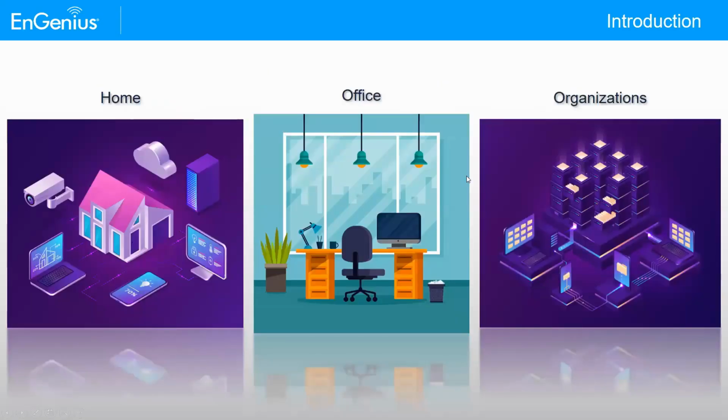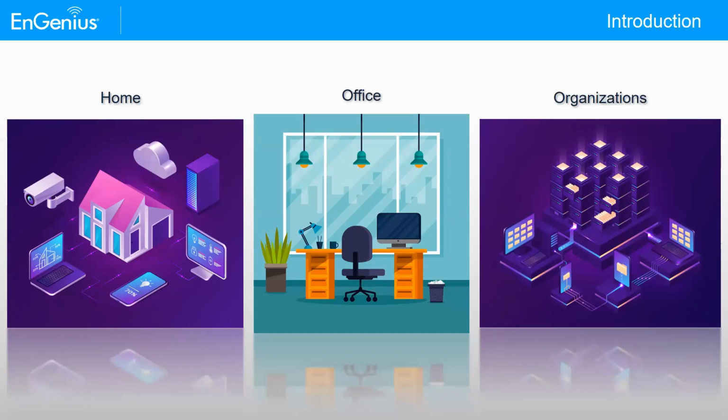So you can find a switch in almost every network setup, at home, in the office, and in different organizations, especially large organizations. Some of you might be wondering, okay, I'm at home right now, I can see my setup, but I don't see any switch at all. So actually, you do have a switch.